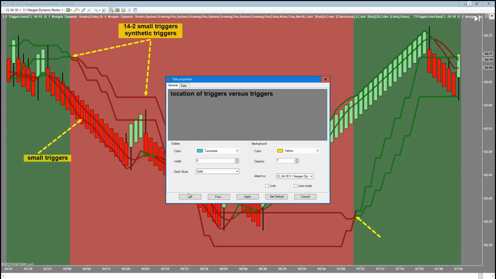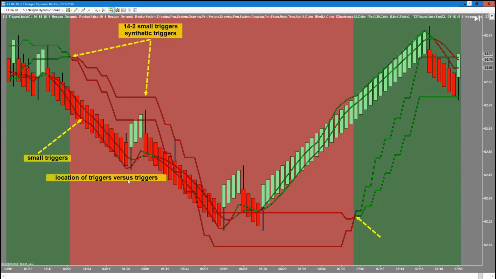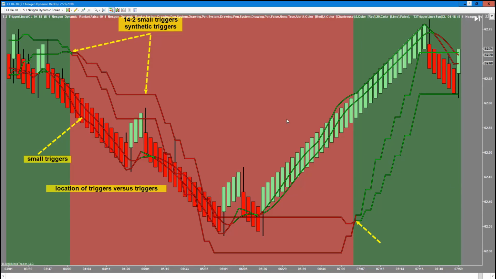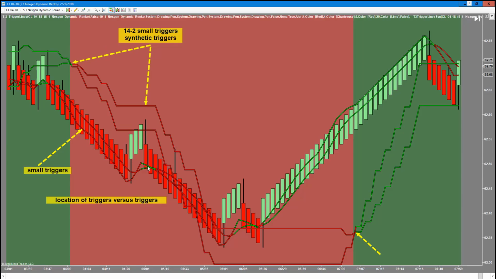When we start looking at our trading rules, the location of our trigger lines relative to the other trigger lines is going to be important. In the last little section, we talked about the location of the trigger lines relative to our Fibonacci areas as being important. Well, if the small trigger lines are physically below the synthetic trigger lines, we have much easier, higher probability trend trade shorts.